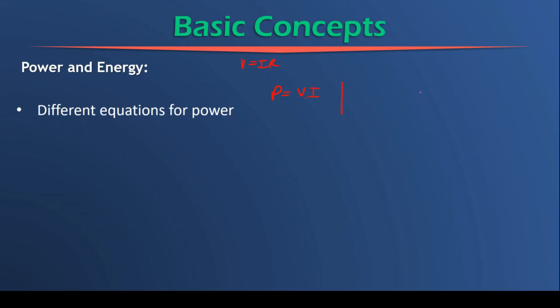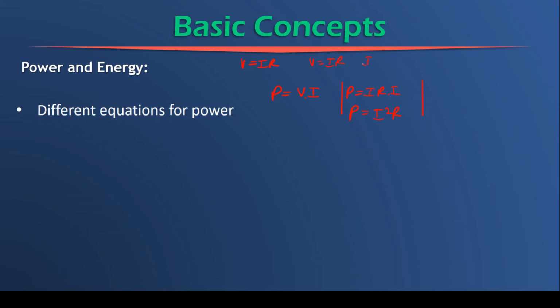So we can expand this to say that the power, which is equal to voltage times current, can also be given as, in place of voltage, we could say V is equal to IR, so that will be IR multiplied by I, so P is going to give us I squared R.